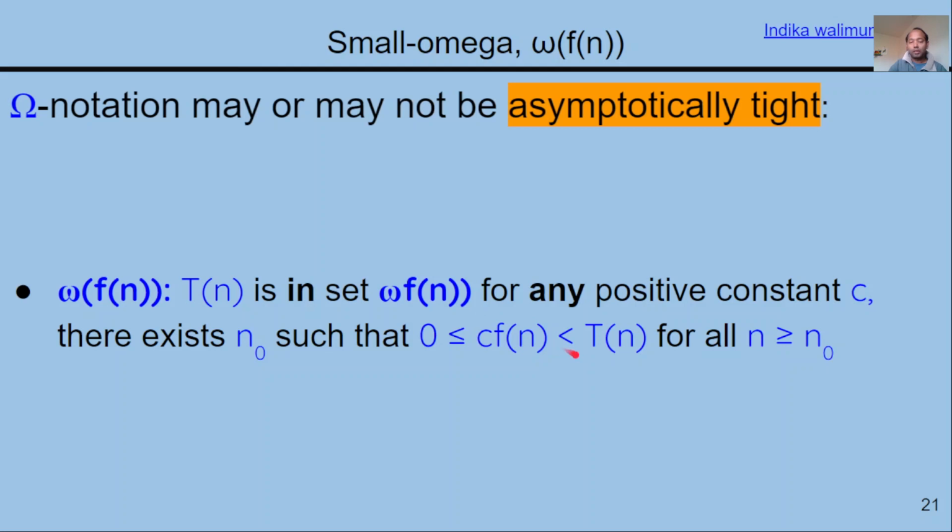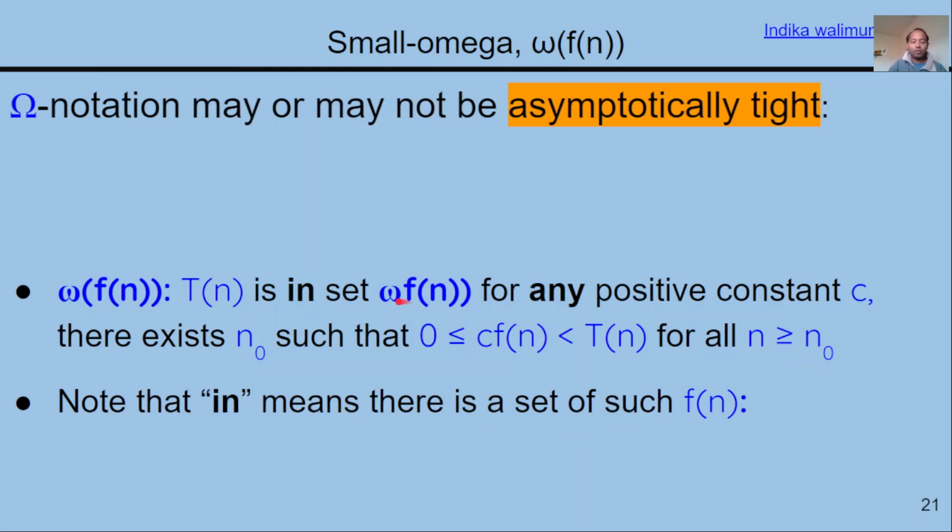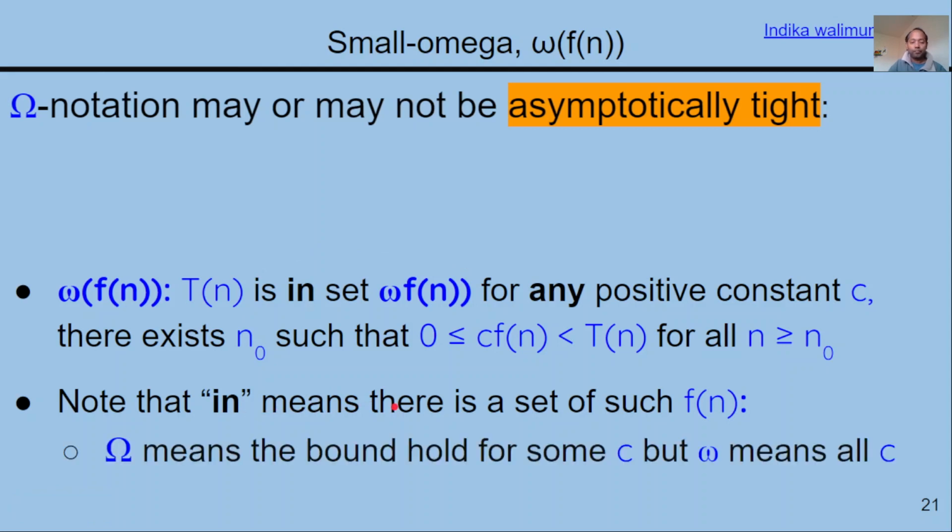Again, you can see that the equality is gone over here. There's a set of such functions, so we say in. Big omega means the bound holds for some positive constant. Small omega means the bound holds for all positive constants.